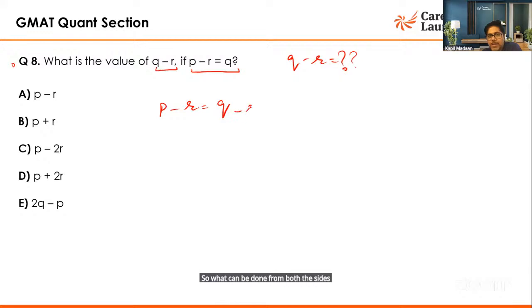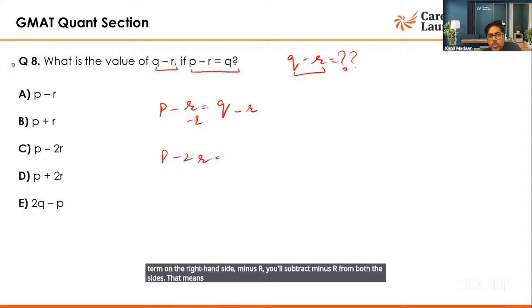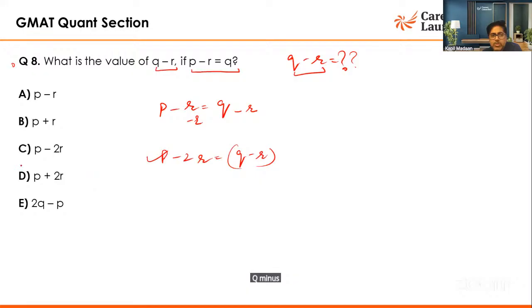What if we subtract r? You require the value of q minus r, so to make the term on the right hand side q minus r, you will subtract r from both sides. That means p minus 2r is equal to q minus r. That's it. Q minus r value is p minus 2r. Option C is the correct one.